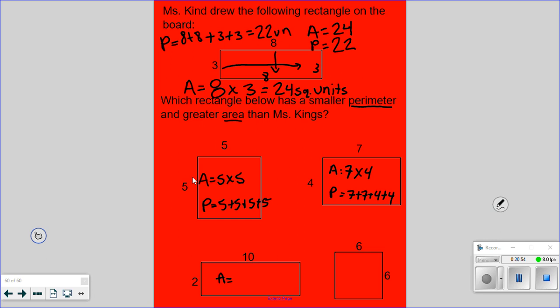Michael? 10 times 2. All right. What about our perimeter equation? Go for it, Jackson. 10 plus 10 and 2 plus 2.